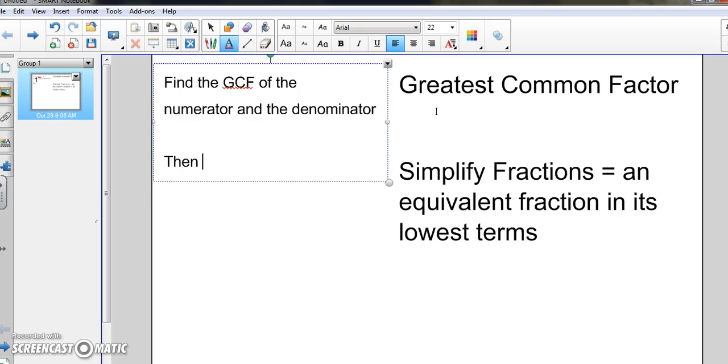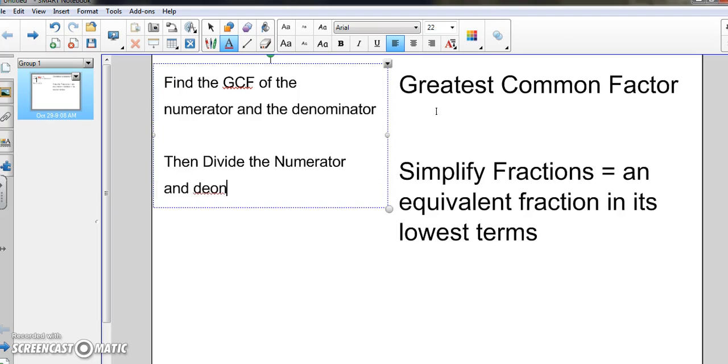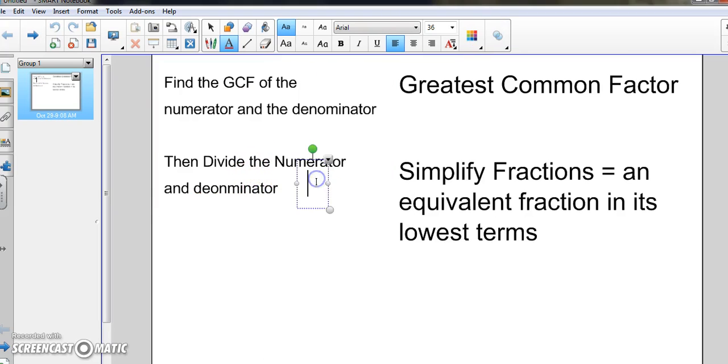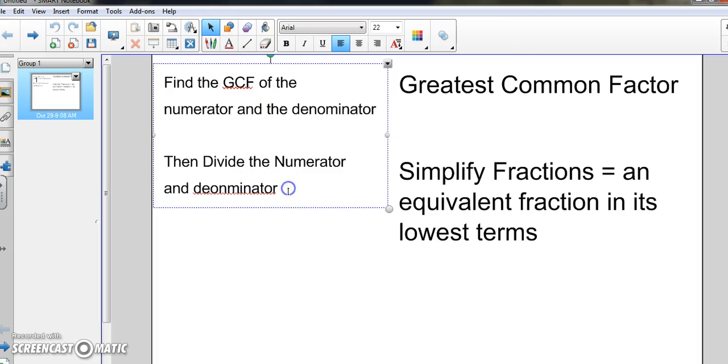Then divide the numerator and denominator by the GCF. Your answer will be simplified.